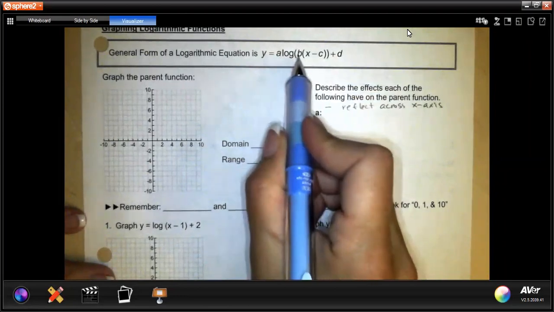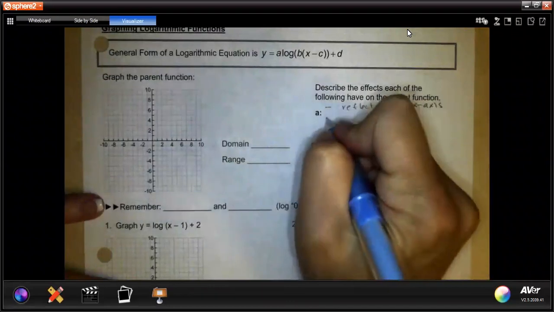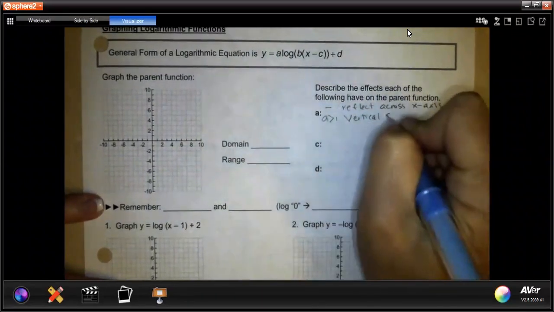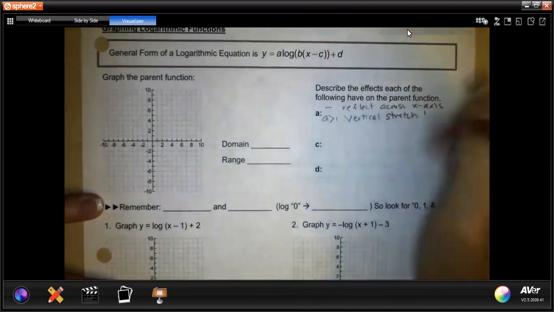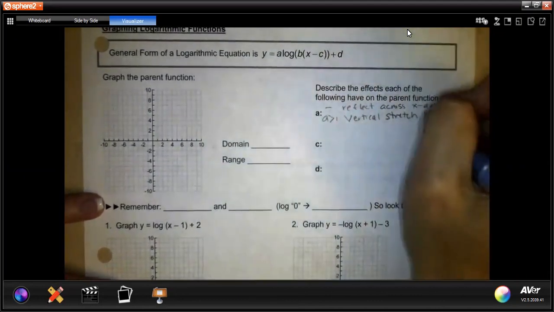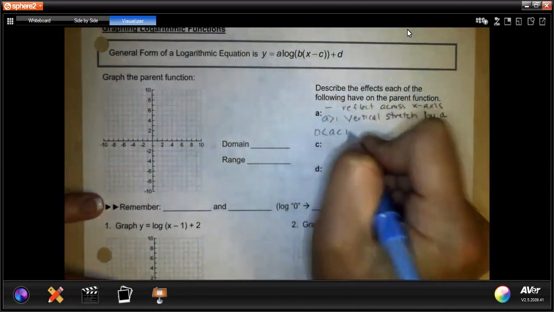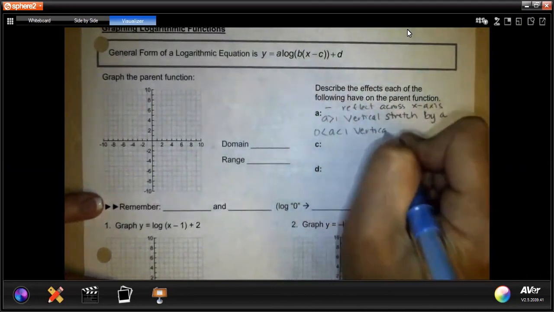If the negative is on the inside of the argument right here, then it is a reflection across the y-axis. So that's the difference between those two. If my a value is greater than 1, it is a vertical stretch. And if it is between 0 and 1, it is a vertical compression.